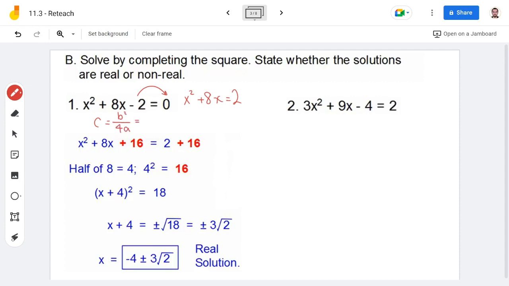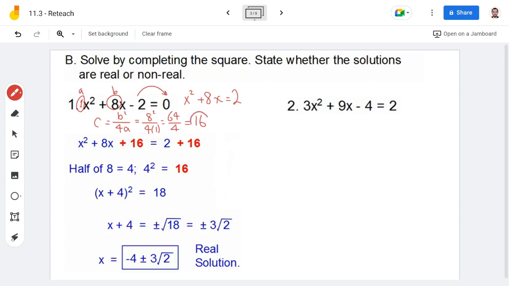What's b? This is b, and a is 1. So b is 8, squared over 4 times 1. So 8 squared is equal to 64 over 4 times 1, which is 4. Now 64 divided by 4 is equal to 16. So this is the answer.